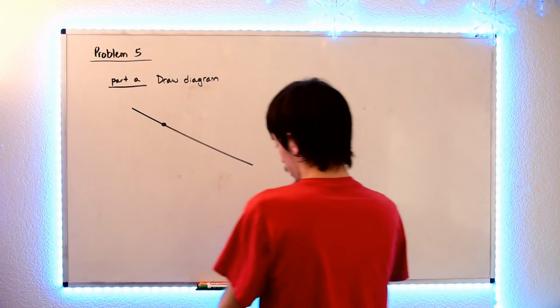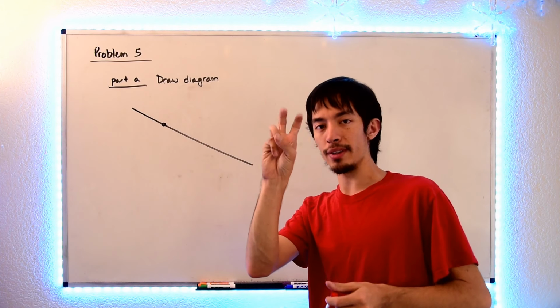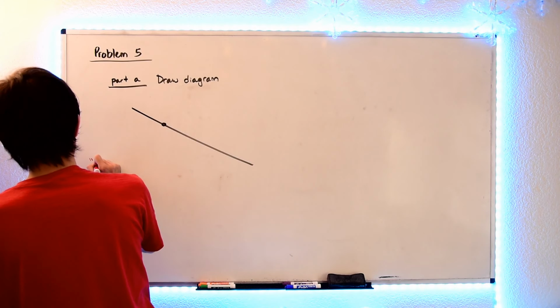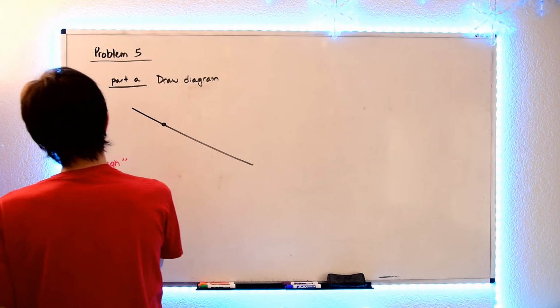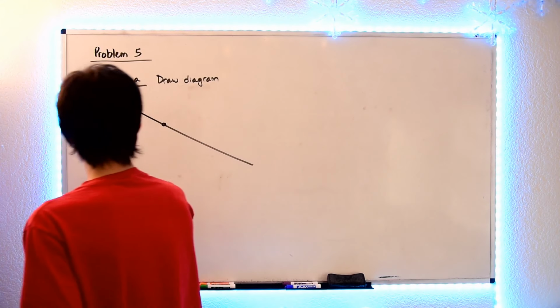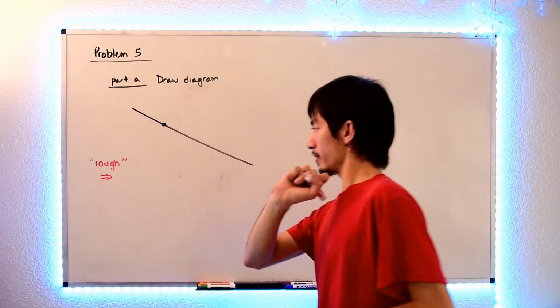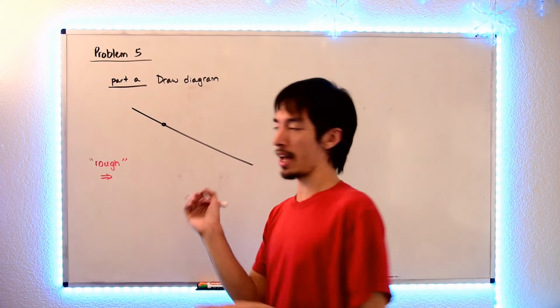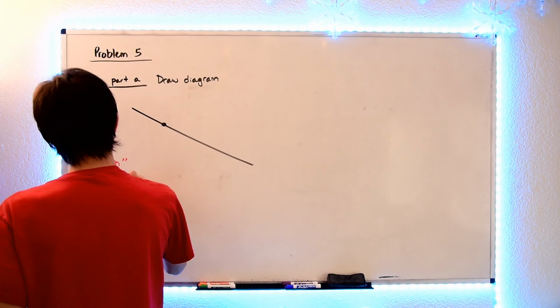So from here, we have that it's a quote-unquote rough slide. Okay, so the term rough, when we're saying that it's rough, translates to it has friction.